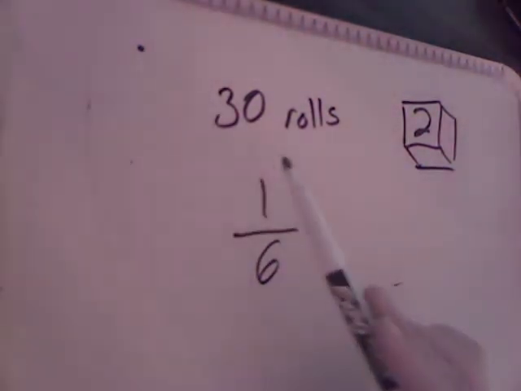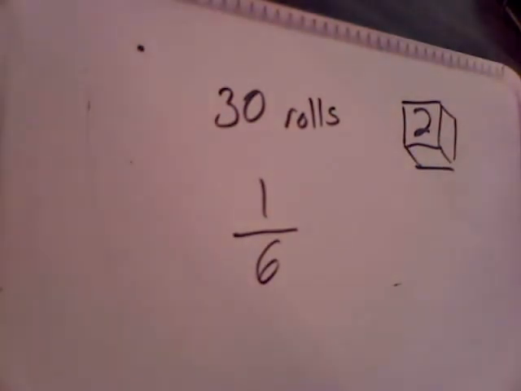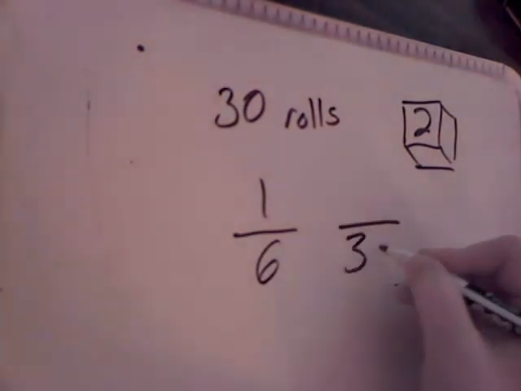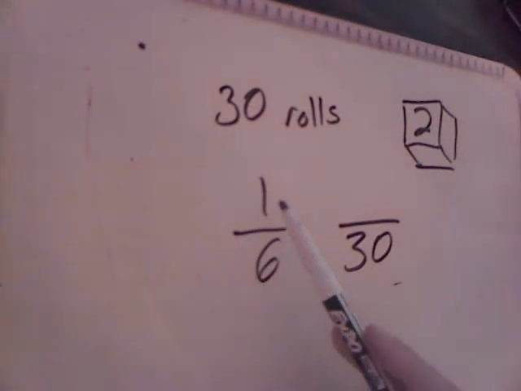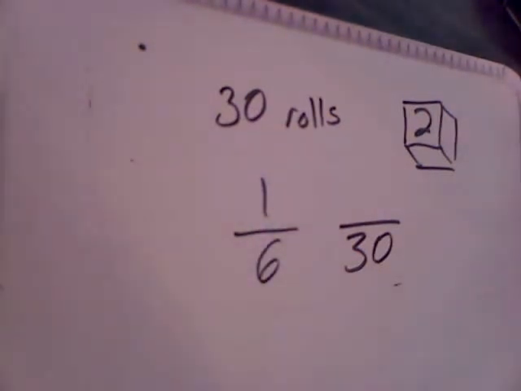But we don't want to know about just rolling one time. We want to know about rolling 30 times. So to figure out how many times we would get a 2 if we rolled 30 times, we're going to put the number 30 in the denominator, because this says you'd have to roll 6 times, and in theory you'd get a 2 once.